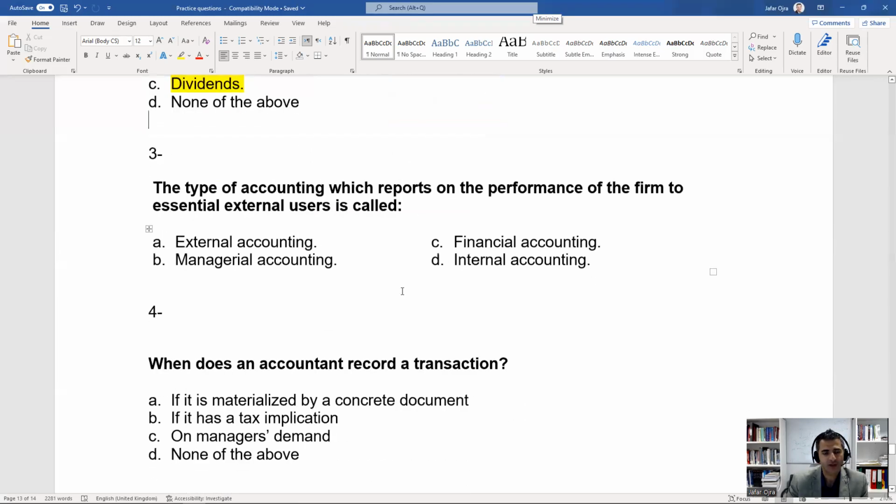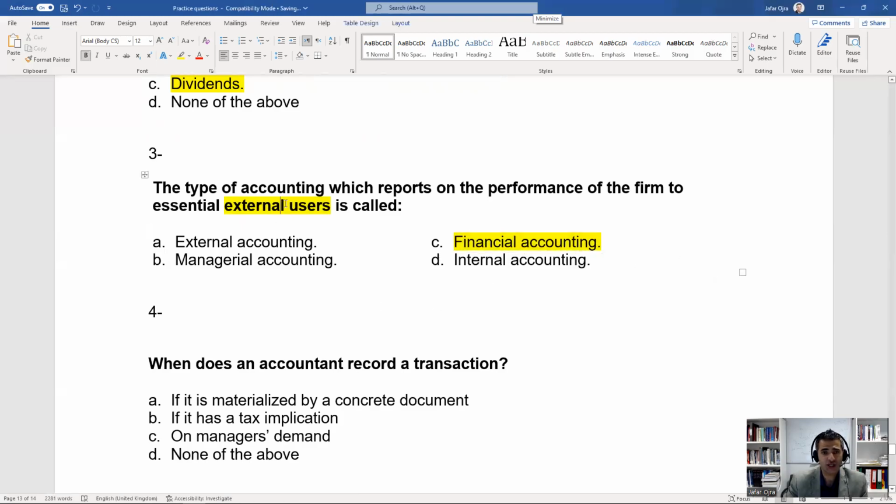Okay, number 3. What type of accounting reports on the performance of a firm to external users? When we talk about external users, that's the difference. Straight away, this is financial accounting.